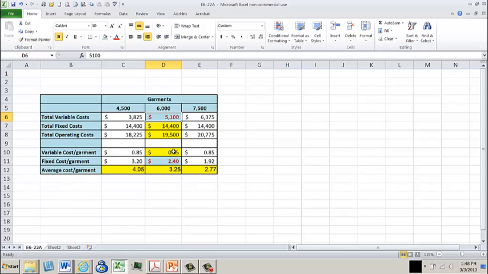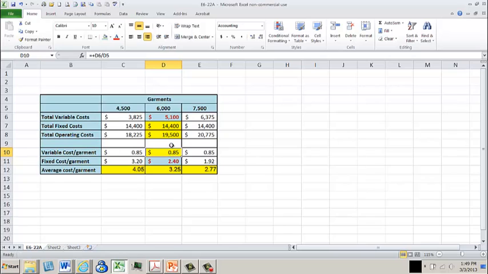So you can calculate the variable costs by dividing the units into what you know. So in this, I took D6 and divided it by D5. So I took my 6,000 units and I took my variable cost divided by my units, and I got 0.85.